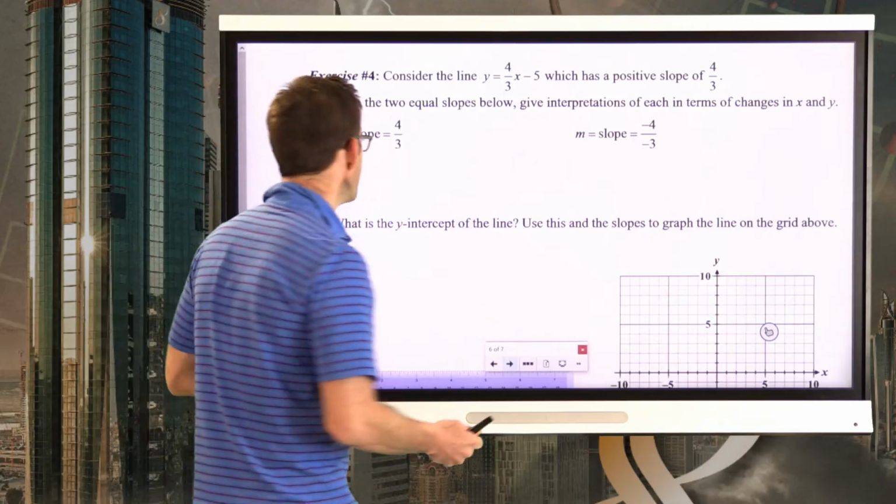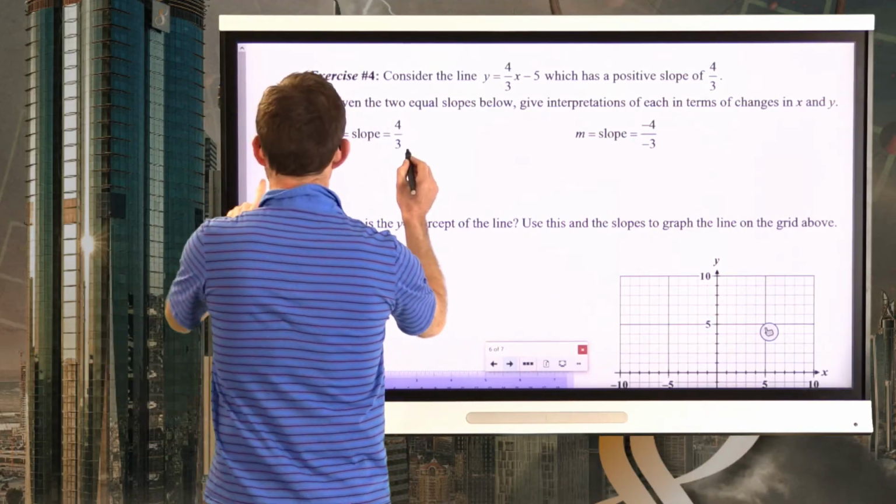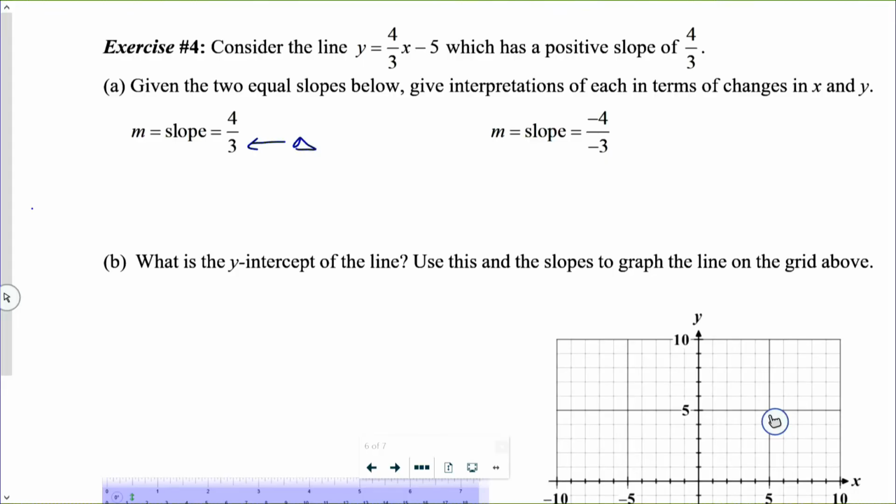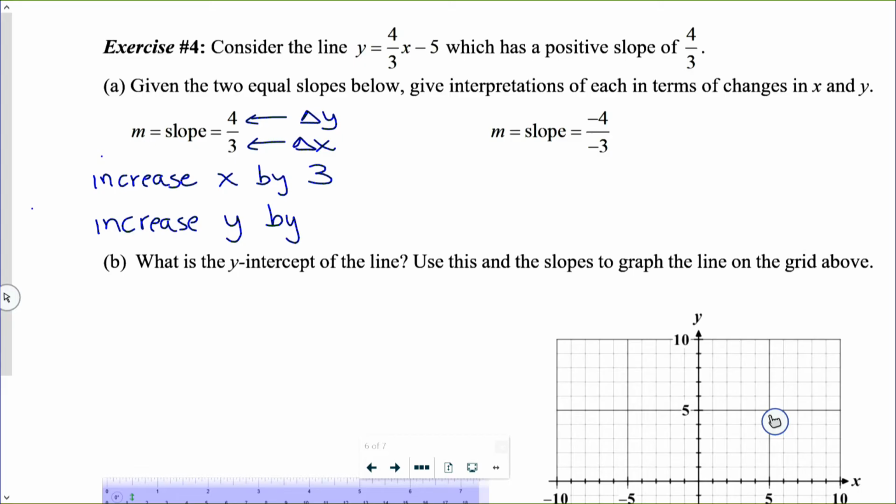So these two are actually the same number, but they get different interpretations in terms of slope. Given that this is delta x and this is delta y, or the change in x and the change in y, if we increase x by 3, we're going to increase y by 4.